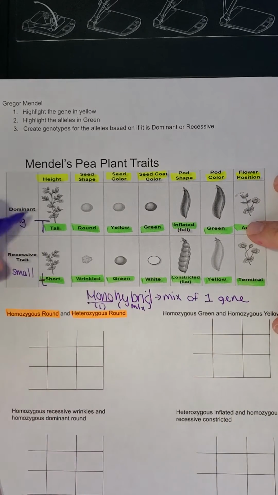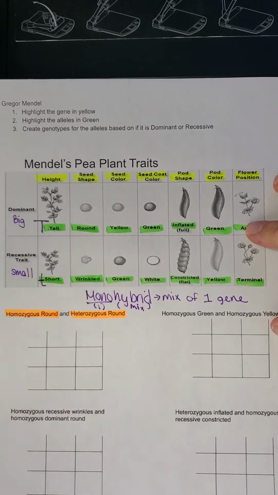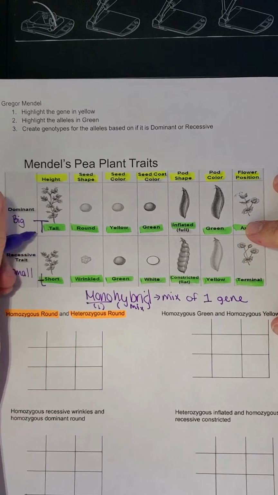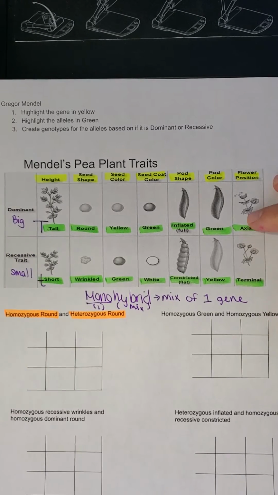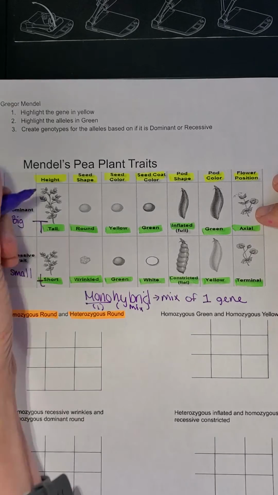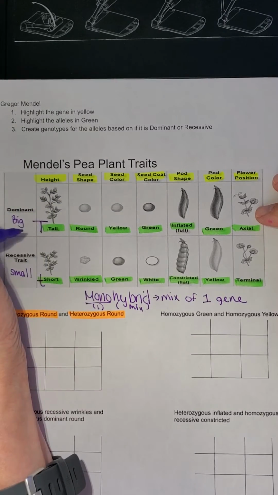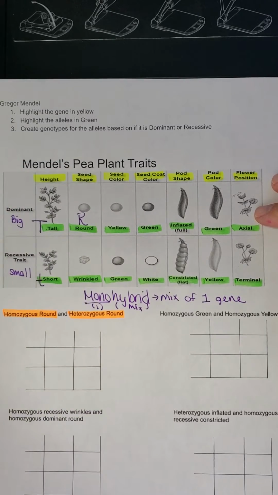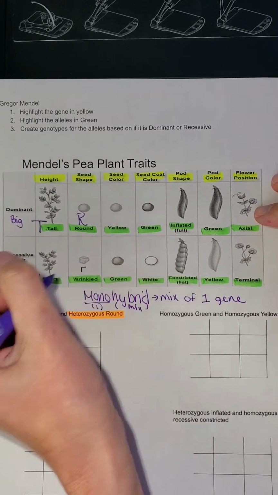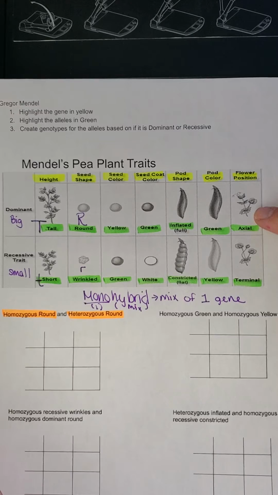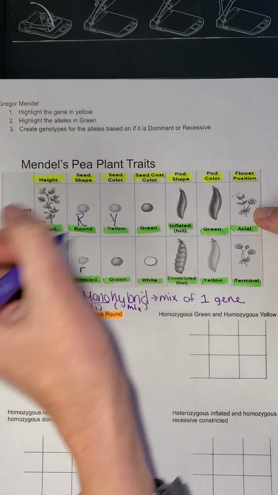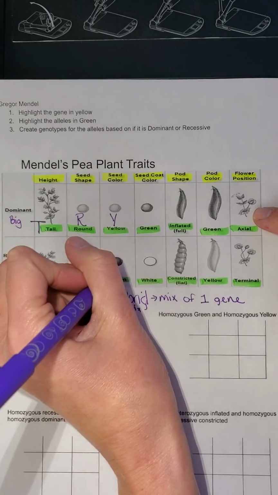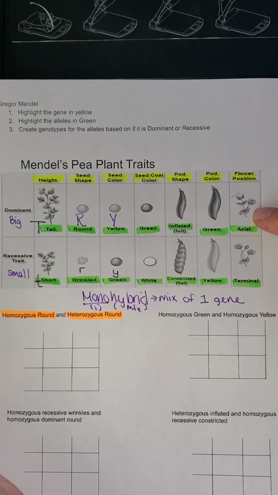So you can't do T and then S. Your letter has to stay the same so you don't get confused. So then shape, the dominant letter is round and the recessive is wrinkled. The dominant is yellow and the recessive is green.